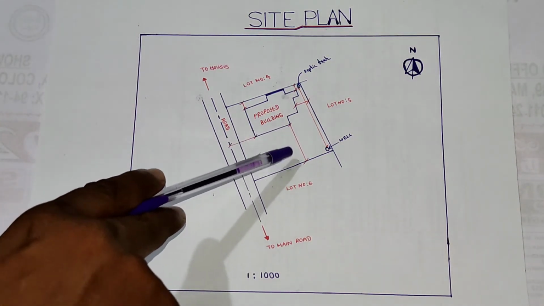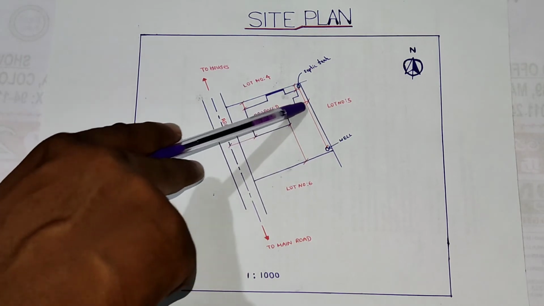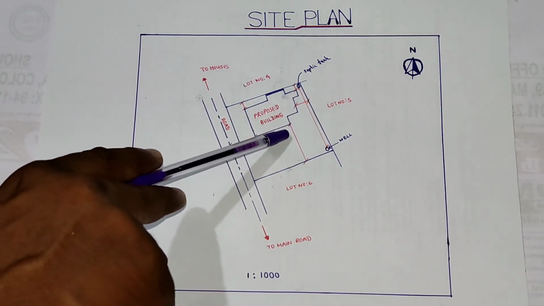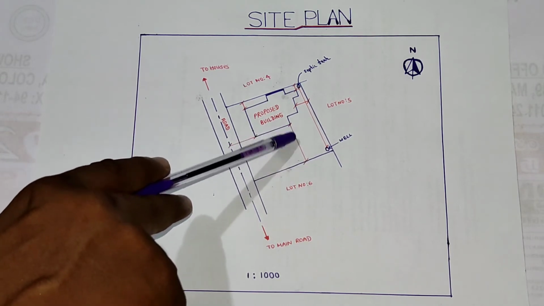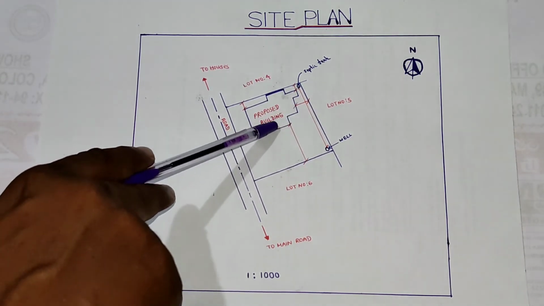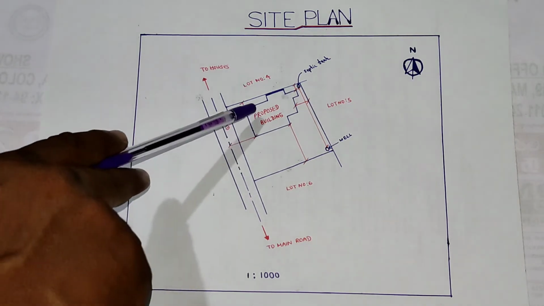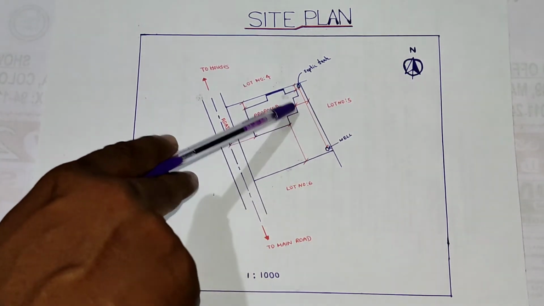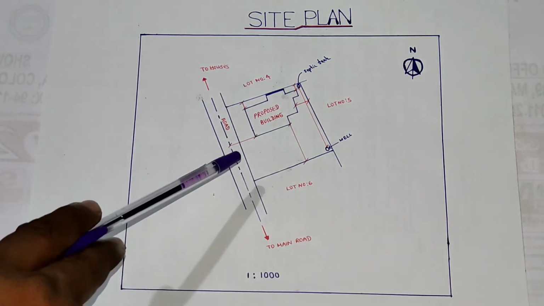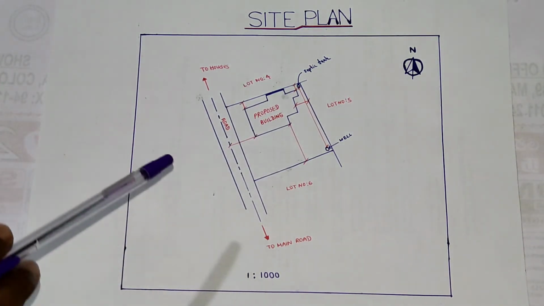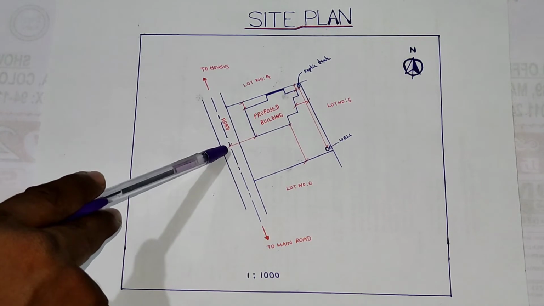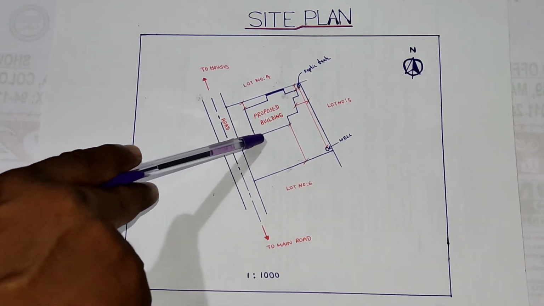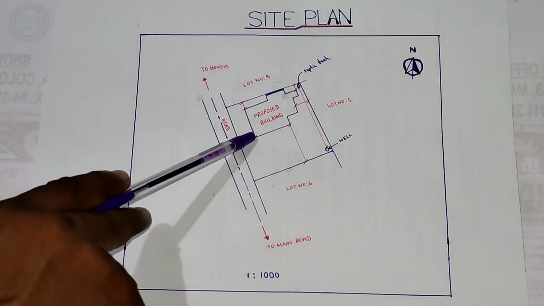The boundaries should be clearly marked, and you should put all the dimensions: the distance from the proposed building to the other lot numbers and site areas, and properly mention the distance from the center line of the road to the building line.